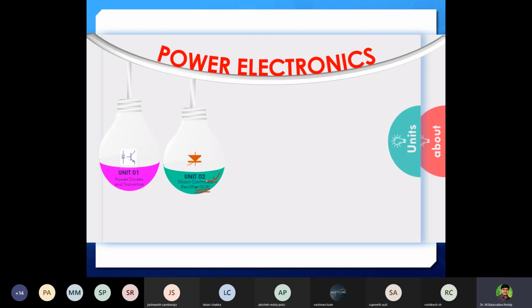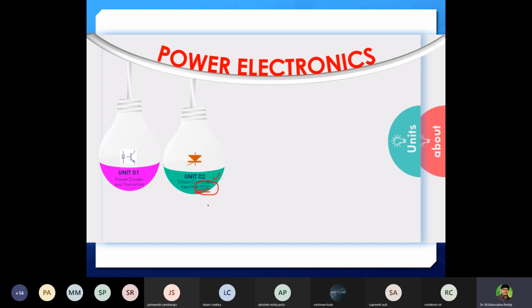This is our switch. This is not an ordinary switch. Wherever I say switch, you consider it a device, that too a controllable device. A diode we also call a device, but it is an uncontrolled device. It is not in our control.